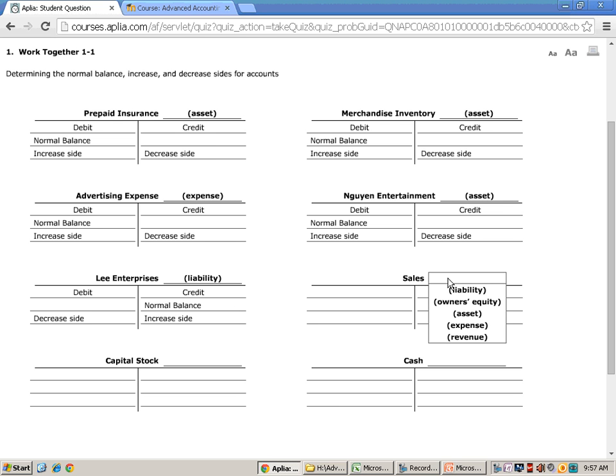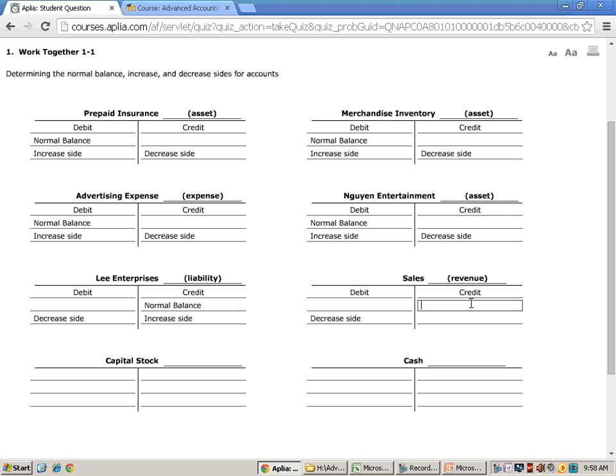Sales is going to be a revenue account. This is how we're going to make money. So sales is going to be, again, your left side is a debit, your right side is a credit. However, we know that we're never going to have a decrease of sales because that would be sales returns and allowances. However, they still want us to put it there.